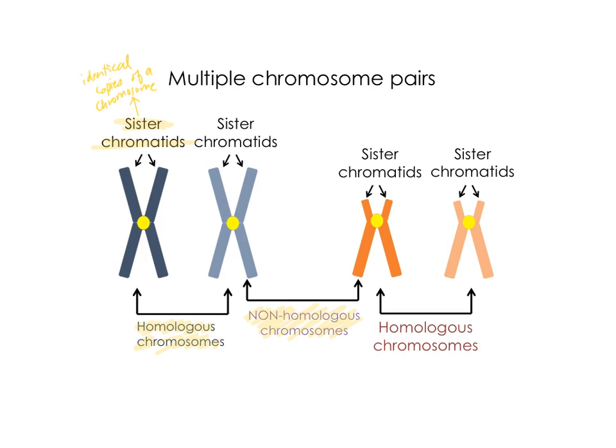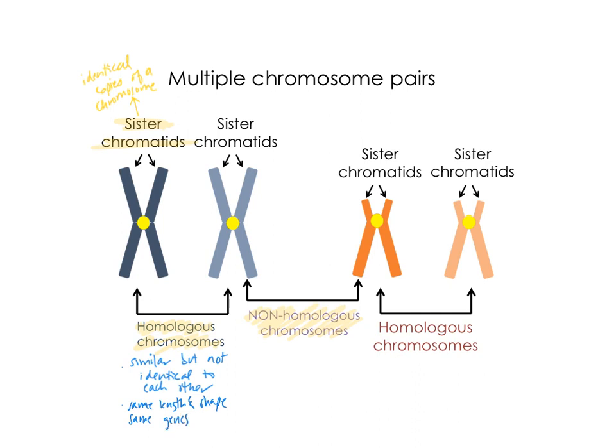On the other hand, when we talk about homologous chromosomes, these are similar but not identical to each other. Your book will usually show these as being the same length and shape. They also have the same genes.